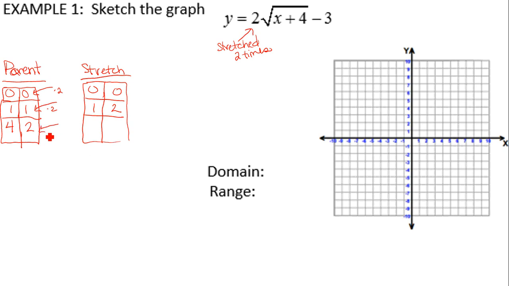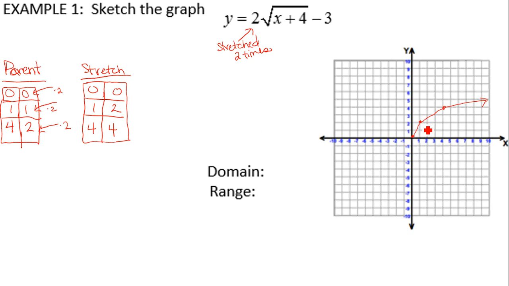Now (4, 2) becomes (4, 4). I'm multiplying that y value by 2. So I've now found out where my stretched graph goes here, and I can plot that here on this graph. This is not my final answer, mind you, but this tells us where we're at this point. This graph is stretched 2 times taller than the original parent graph was before.